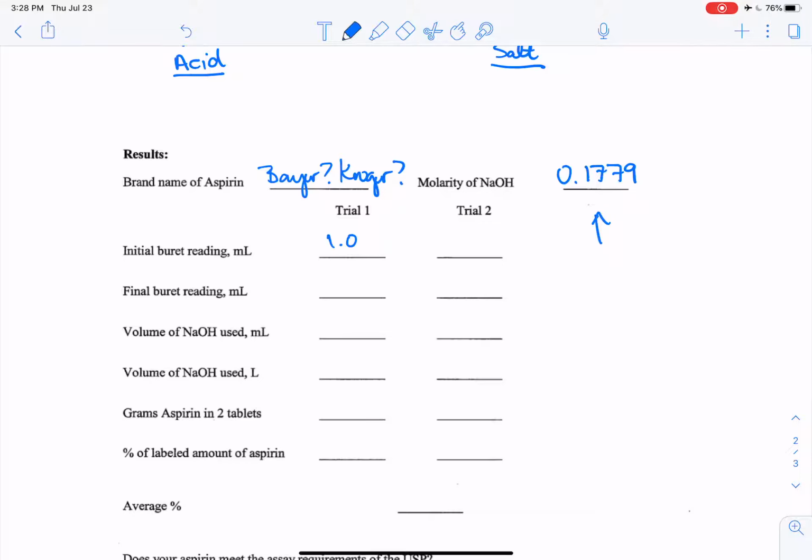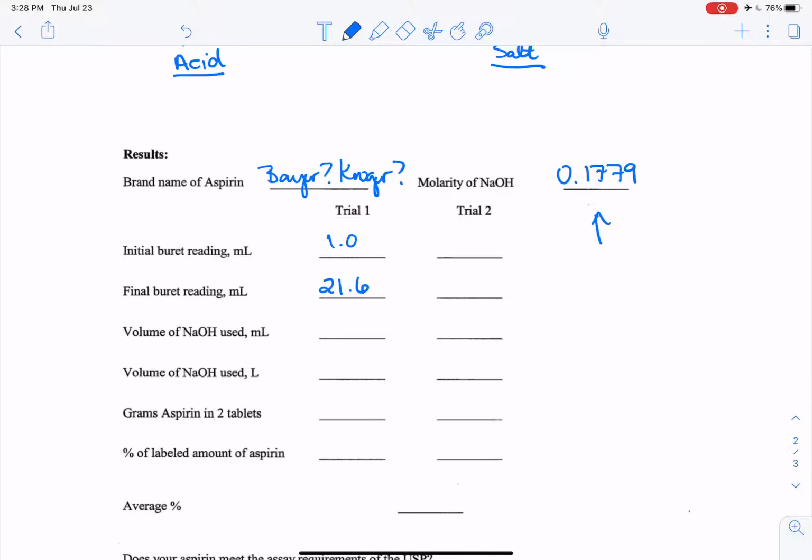And once I reach the end point, it's going to be that lightest shade of pink that I've ever seen. And my final burette reading is 21.6. Now again, you guys, I'm just making this up, okay, as I go. You guys will watch the video to do this.